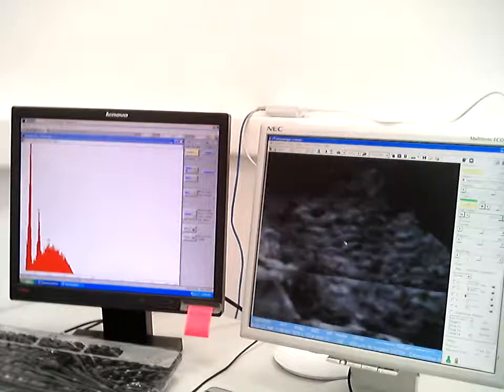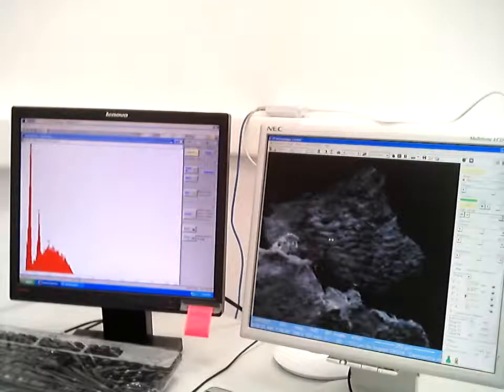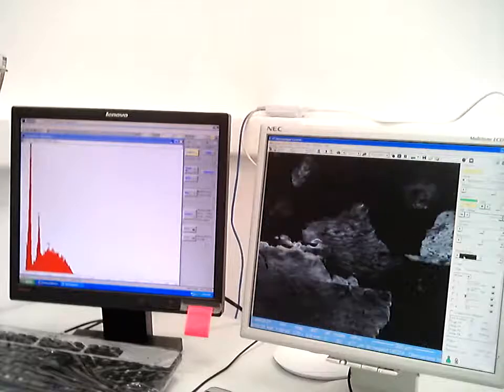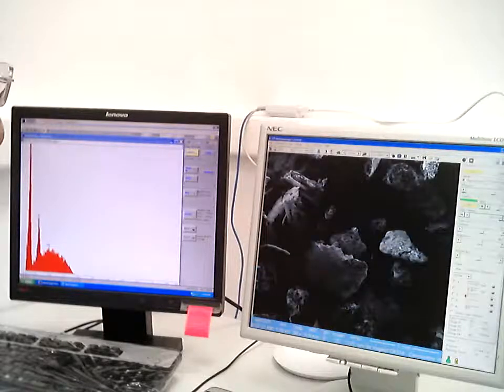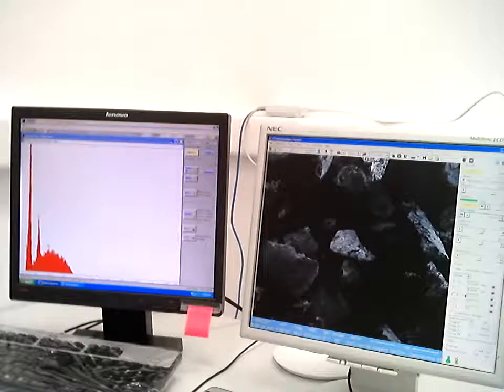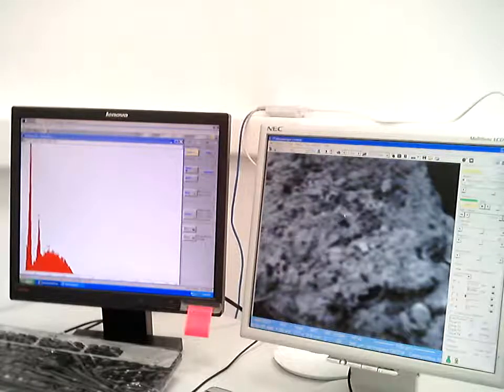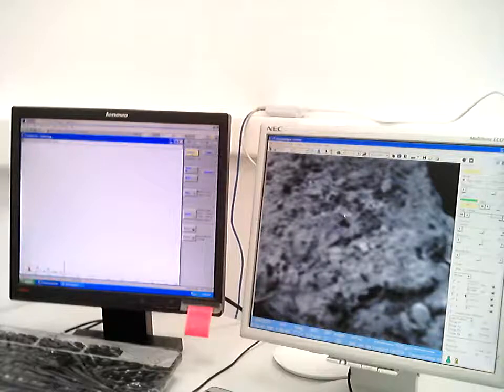So let's look at something a little bit more exciting. This is probably just an organic material. Let's find, oh, there's a piece of stone. And let's see if we can look at that stone a little bit better. We can clear this, connect. This is getting a little bit interesting.